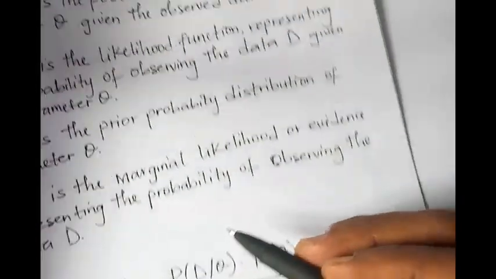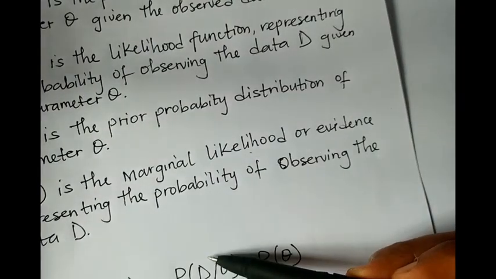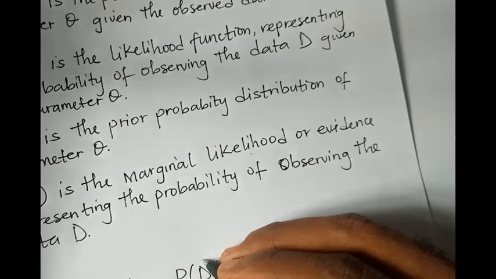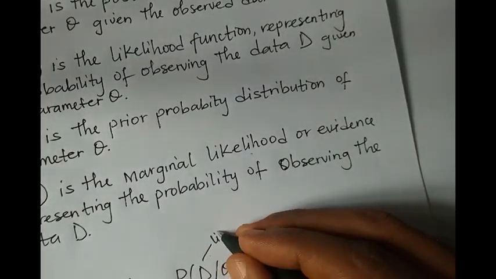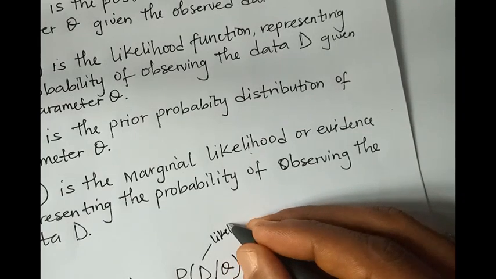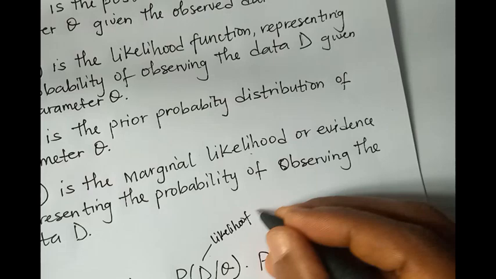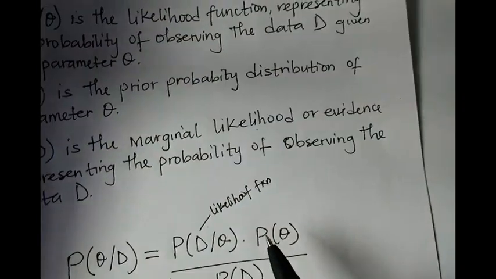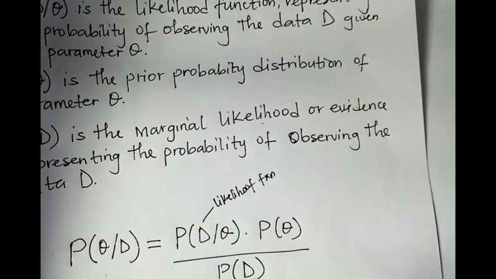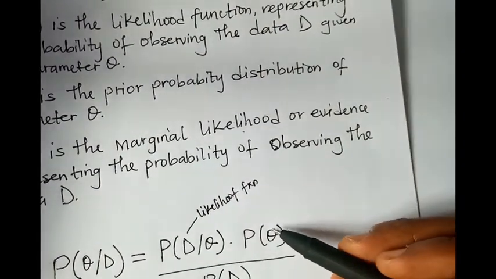It means that to get this, it is just the likelihood function. This becomes the likelihood function of the distribution given. While this, how do you get this?